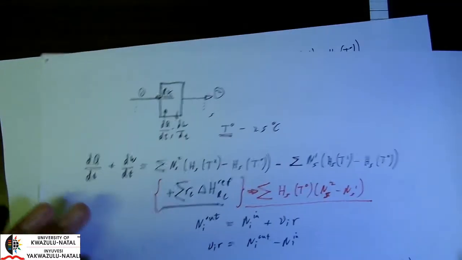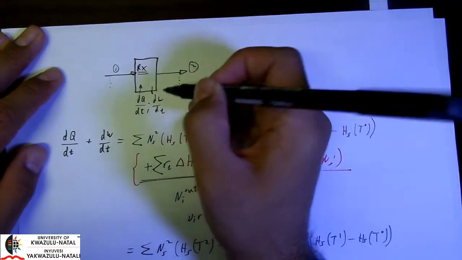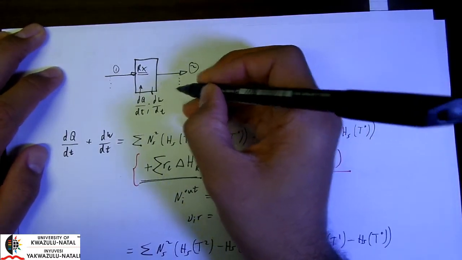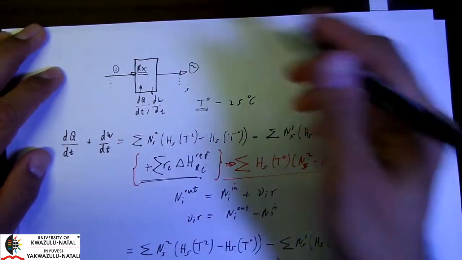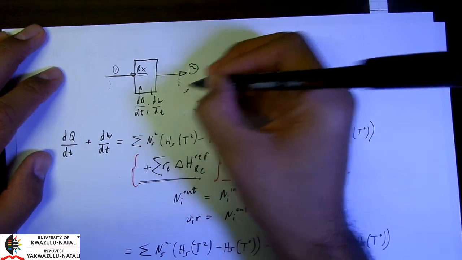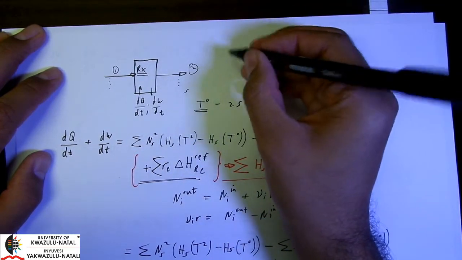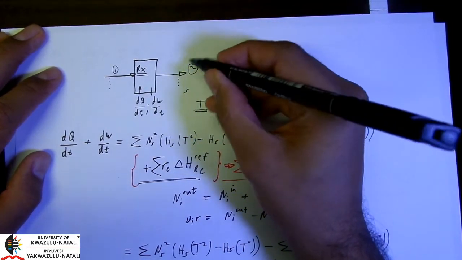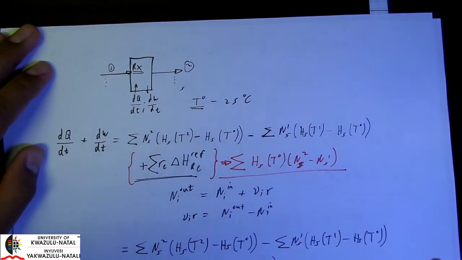So if we want to go back and look at our reactor and we have many different species in each stream, we simply need to add our delta HF0 for each species and our integral from 25 to whatever our stream temperature is.